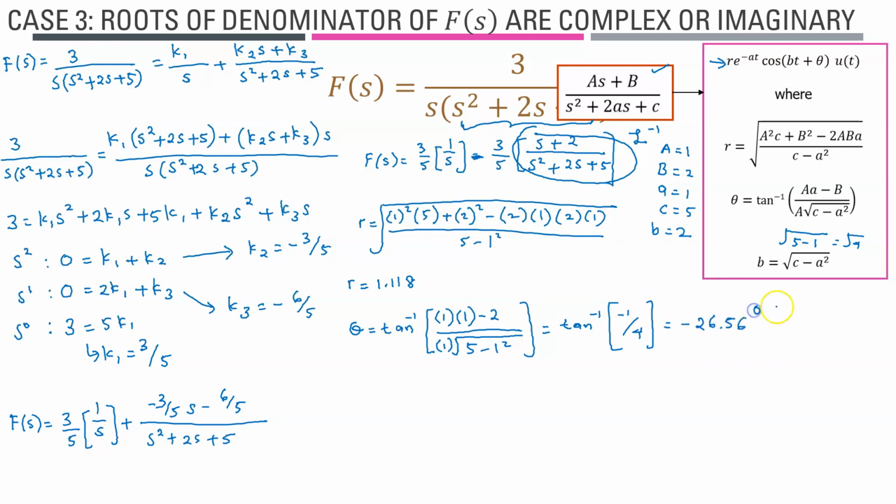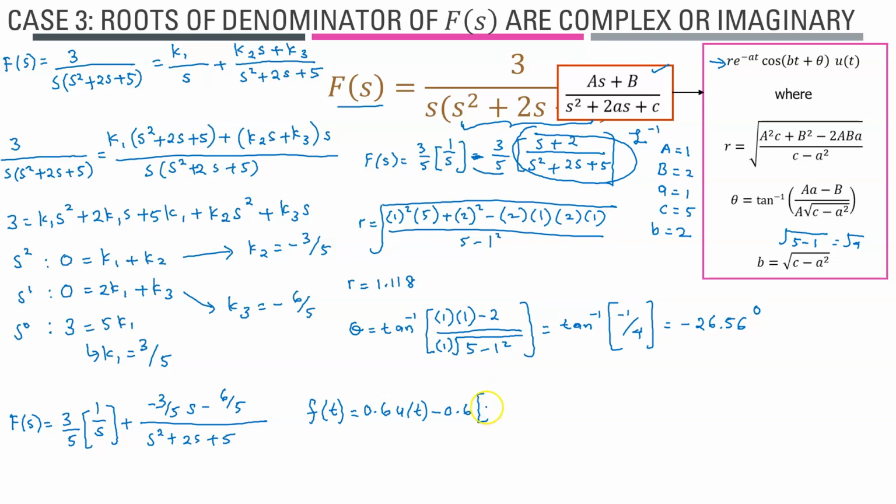So you will get minus 26.56 degrees. So if you put everything together, the inverse Laplace transform of the original function is equal to 3 over 5, which is 0.6, and 1 over s is u(t). And you have this over here, minus 3 over 5, which is also minus 0.6, and then multiply by the whole thing here, which is this equation.